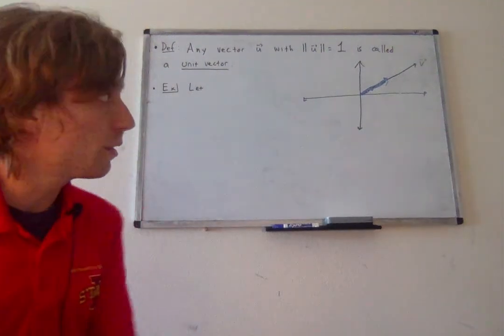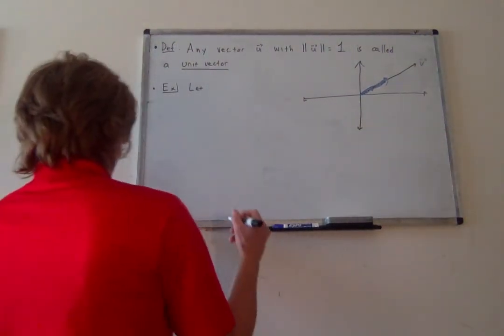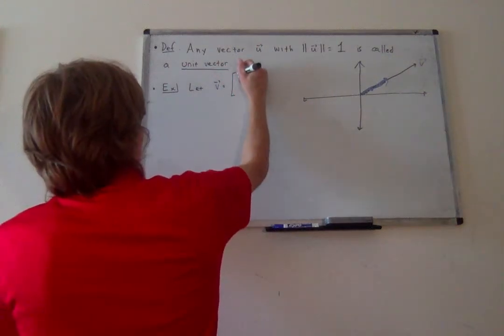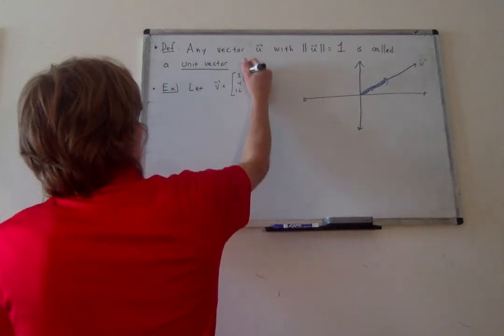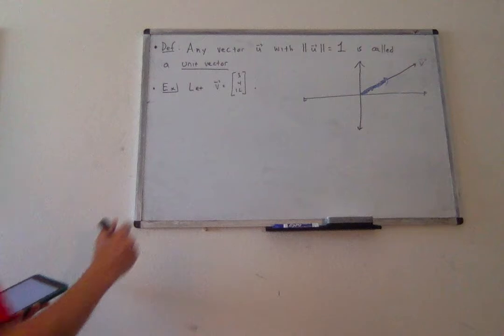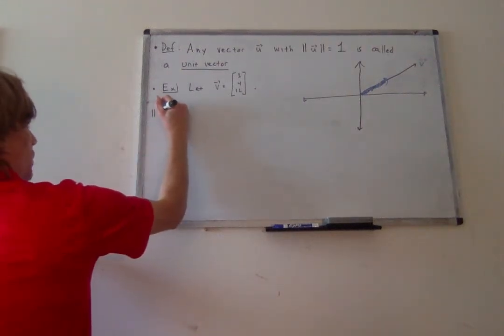So I want to end with this example, but in R3. We're going to let v be the vector 3, 4, 12. First we want to verify that the length of v is not equal to 1.